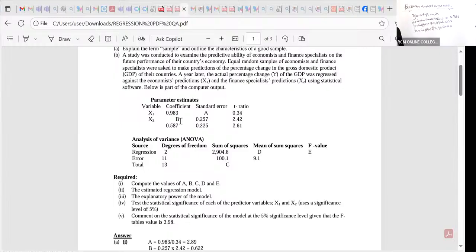For x it is 0.587 actually. But the value of b you have to give me. Remember, I am reading this from the coefficients. The b value that you got is 0.622. Thank you so much.